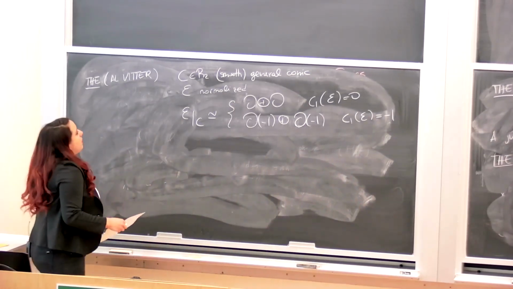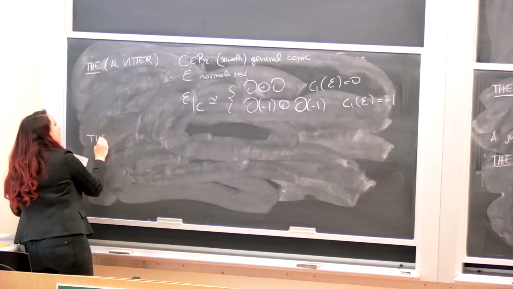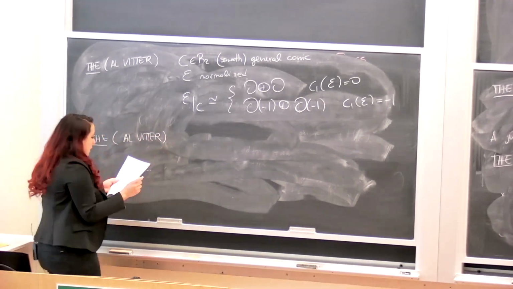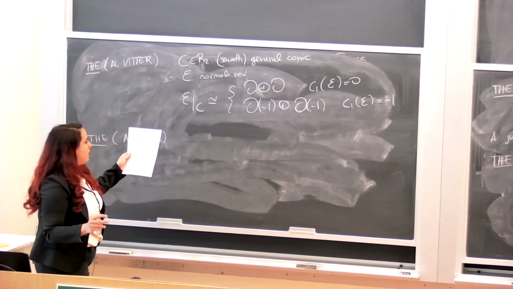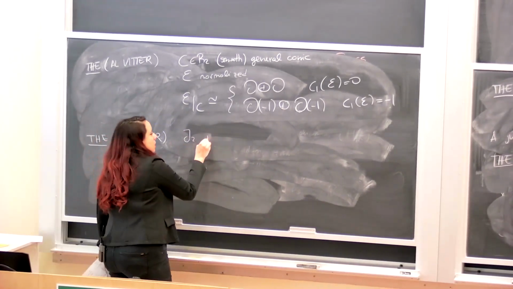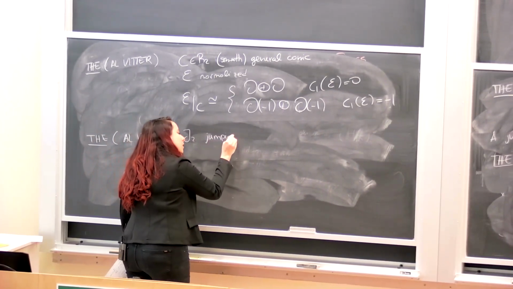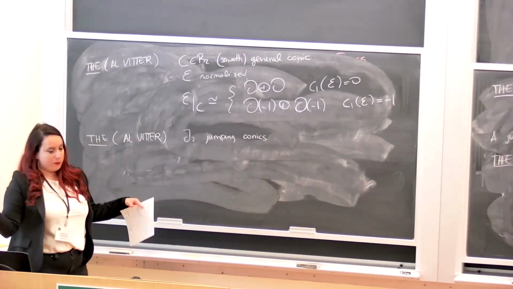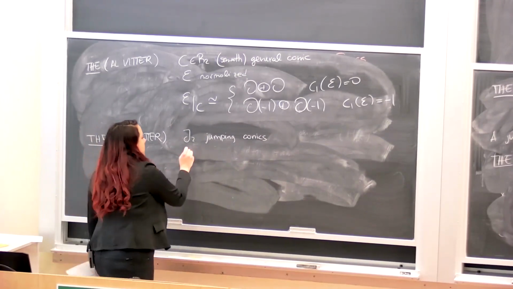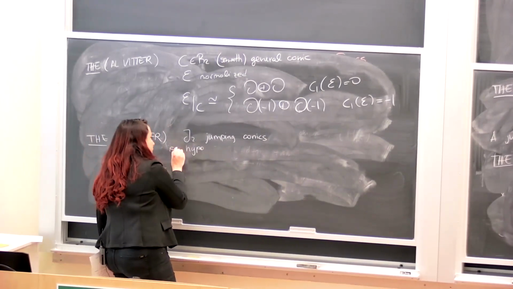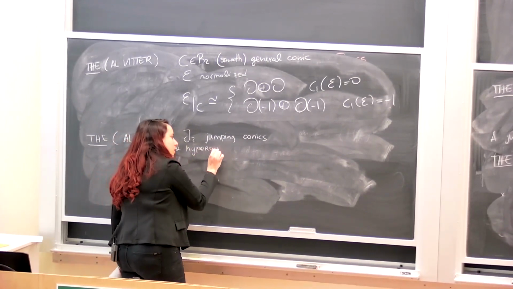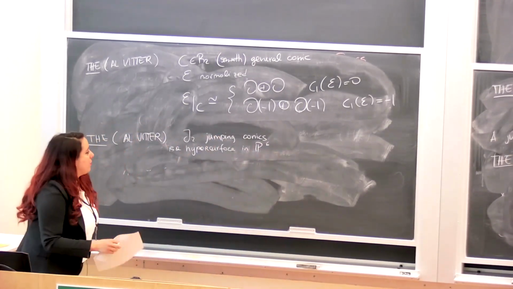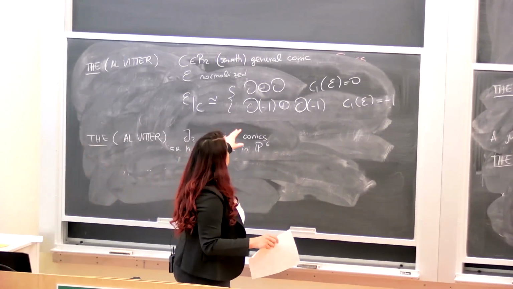And another theorem of Hulek says that the set of jumping conics, which he calls J2, has a scheme structure compatible with the one that we saw before, and it is a hypersurface in P6.